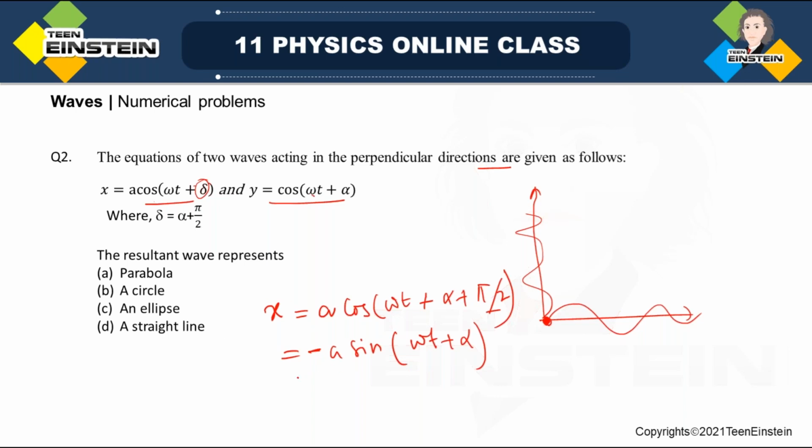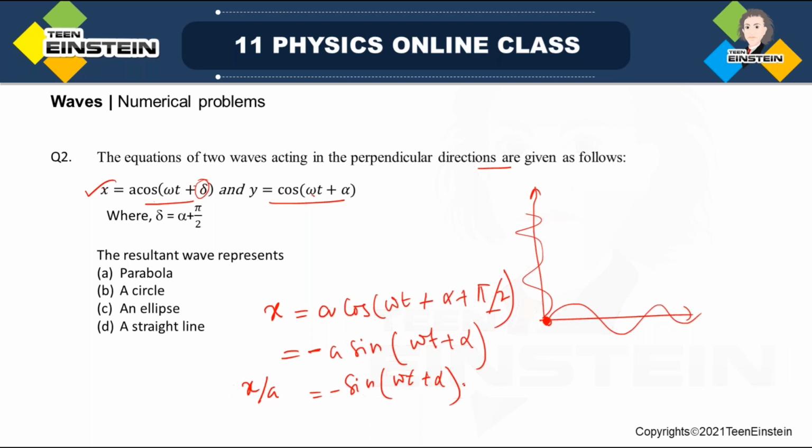So this is the wave whose material particles are oscillating in the x direction. So we have got x by a is equal to sine of minus omega t plus alpha.